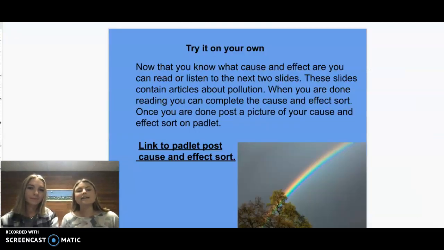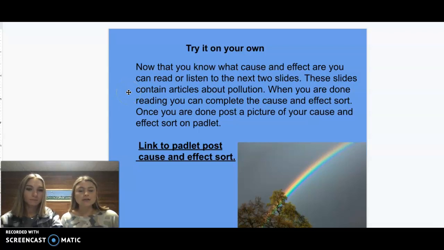Okay, now you're going to try it on your own. We just read the book and found causes and effects. Hopefully you filled out that Padlet and put what you thought. Now I'm going to read this. It says, now that you know what cause and effect are, you can listen or read the next 2 slides, which were the previous slides, the pollution ones.